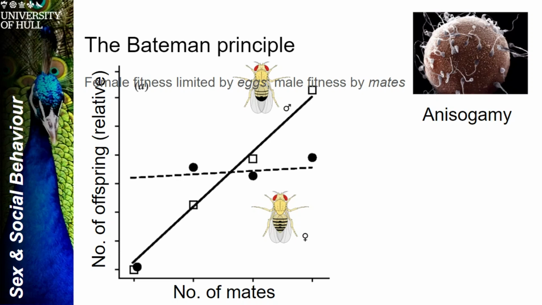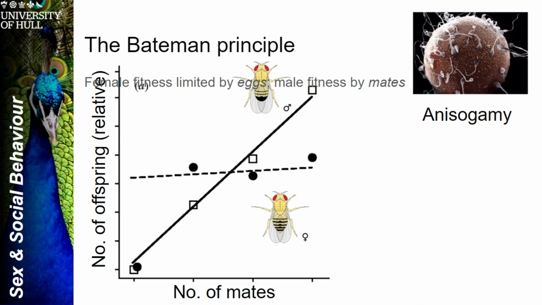Obviously, if you don't have any mates, you can't have any offspring. But after the first one, female offspring number tended to be relatively flat. As females have more and more mates, they tend not to have more offspring. They have pretty much the same amount of offspring, regardless of how many mates they've had.